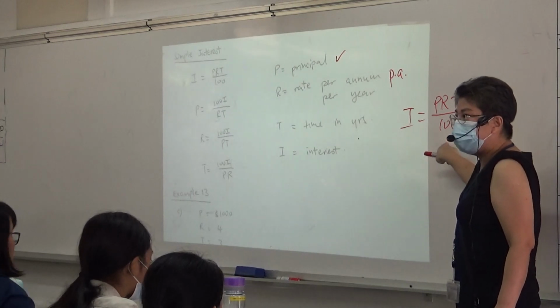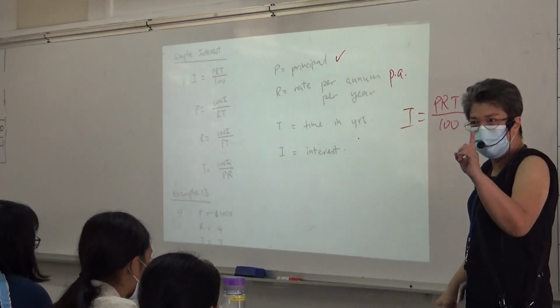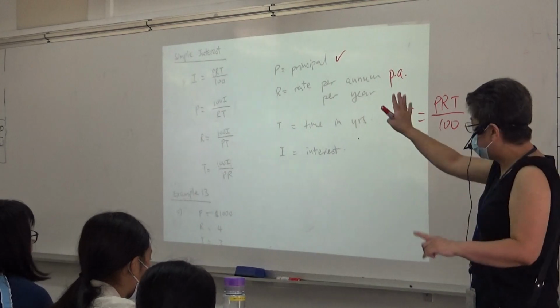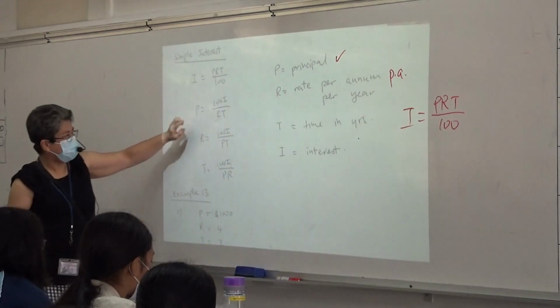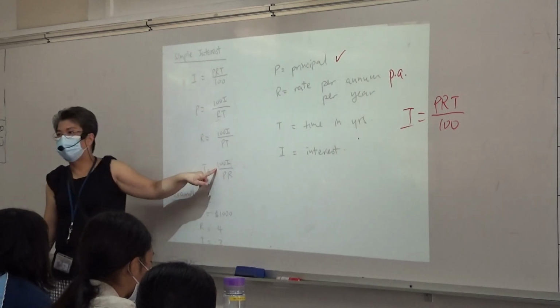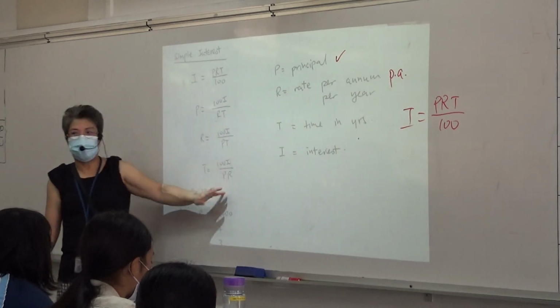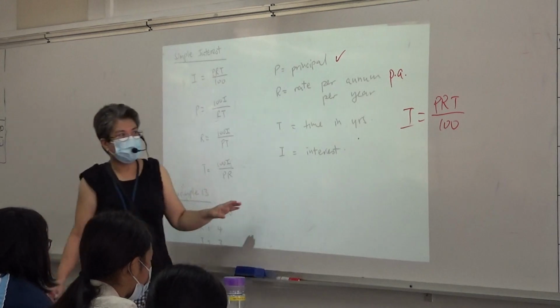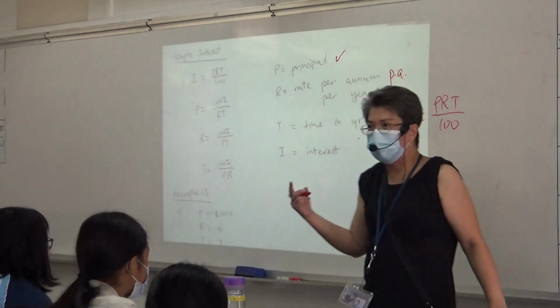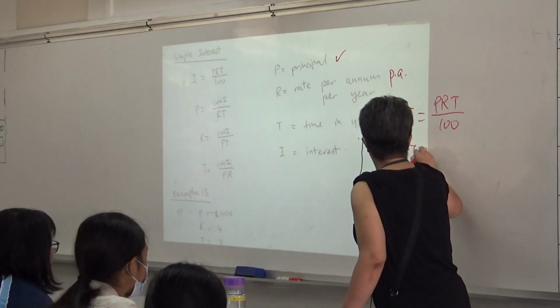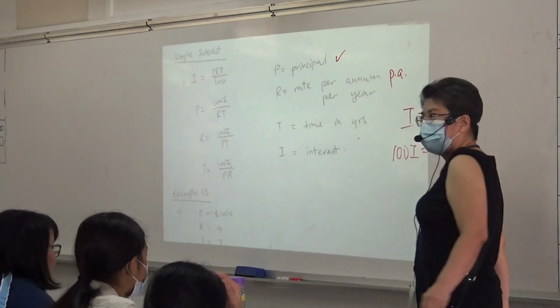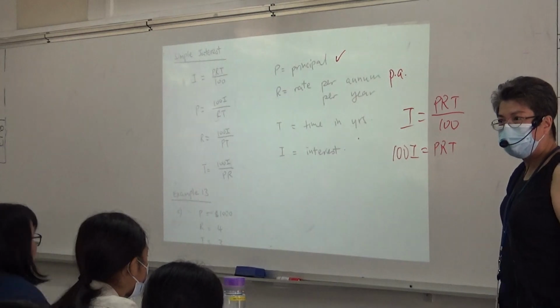Do you understand? Okay. How do I get the rest? I show you. If you cannot remember, you just remember the rest. It's okay, I'm very easy to remember one. Can you see I is always PRT over 100, with I on top? The rest are all the other letters. Now, if I want to do algebra, all of you look. I bring over this one, it becomes 100 times I. Correct?